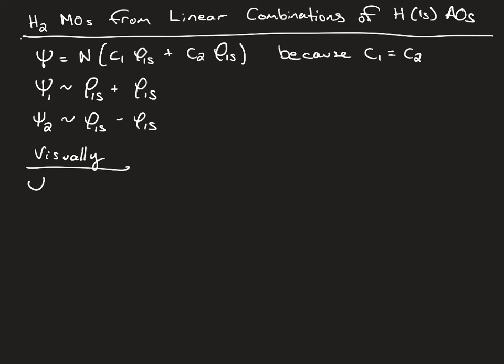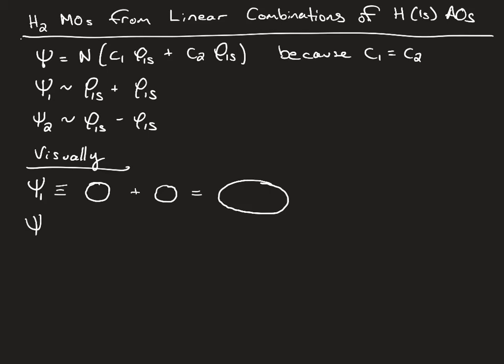So with psi1, what we're doing is we're taking a 1s orbital and we're adding together another 1s orbital, and when we do this, we make a molecular orbital that looks like that.